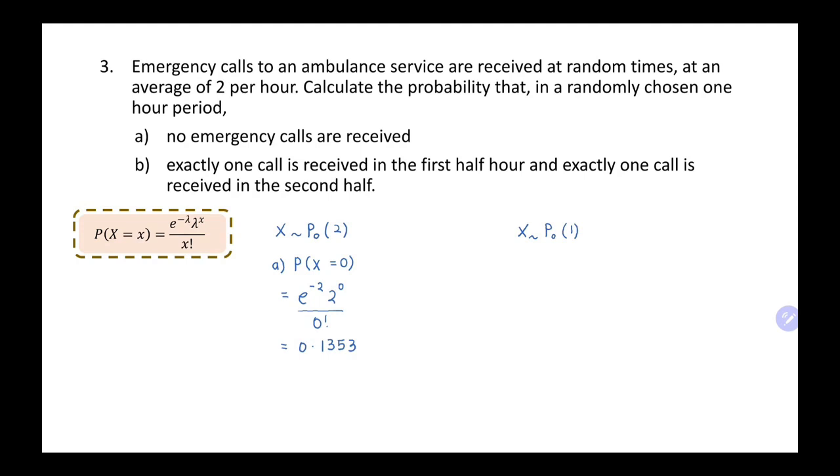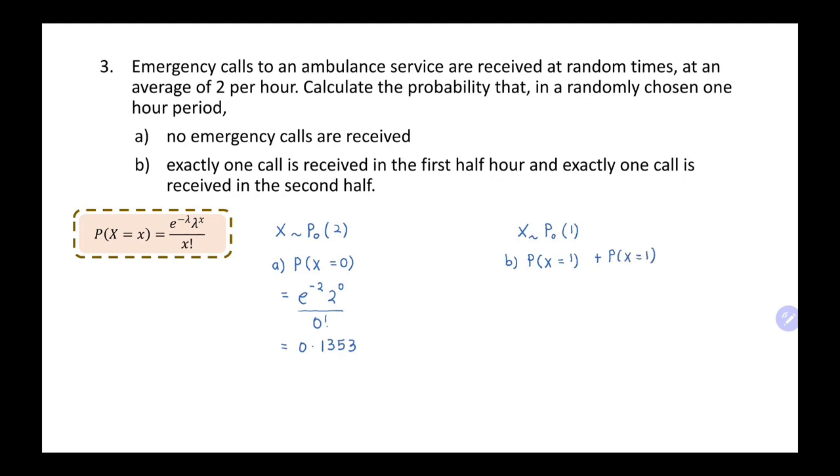So dalam masa setengah jam, kita punya lambda dah bertukar jadi 1. 1 jam 2, kalau setengah jam jadi 1. So we want to find P(X = 1). And exactly 1 call means 2 kali P(X = 1). Dia ada 2.